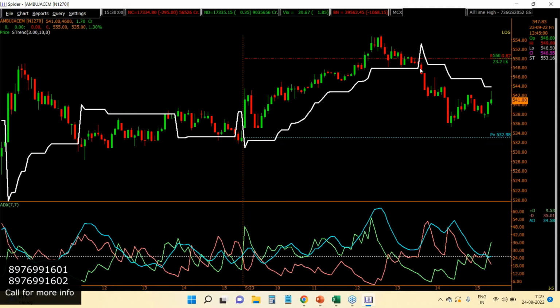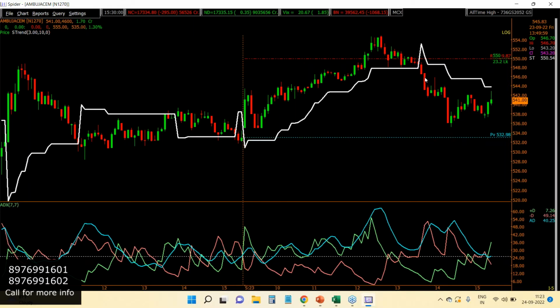The stop loss will be the high of the previous two candles. Here the stop loss is 549, and 550 will be your stop loss. Because you are getting a downward trend, definitely you will be buying puts, or you can sell calls. It's all up to you.